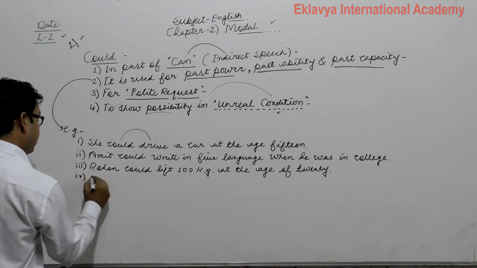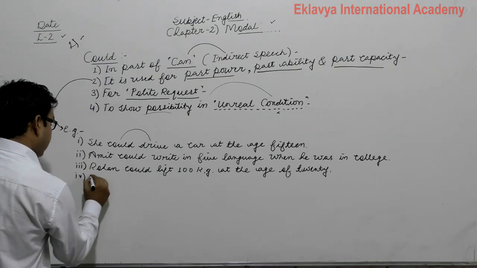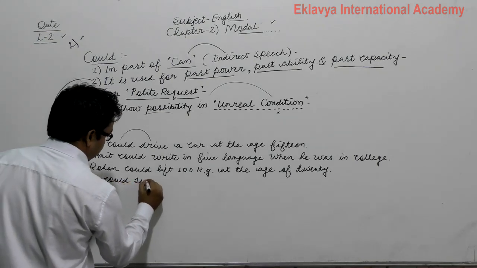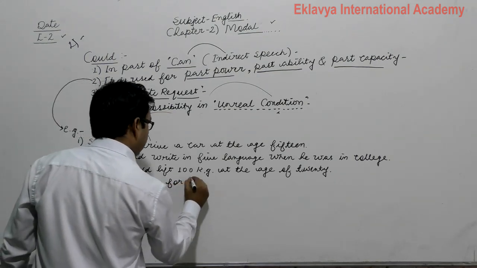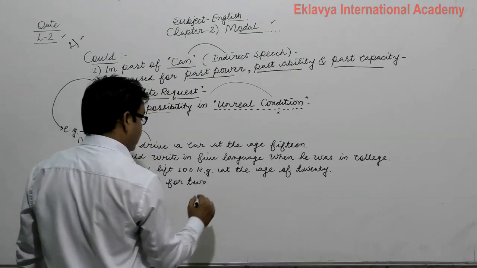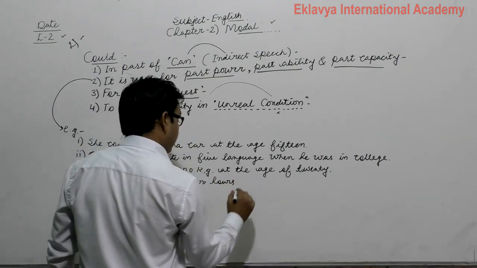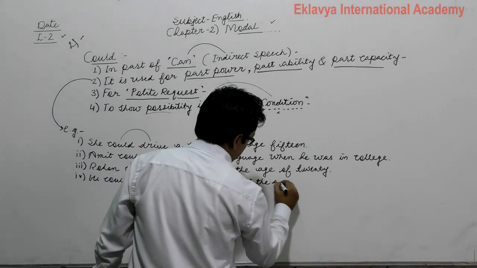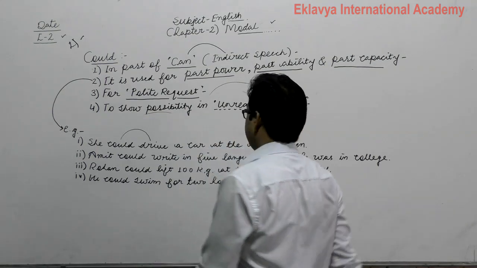Example number 4. He could swim for 2 hours at the age of 10.